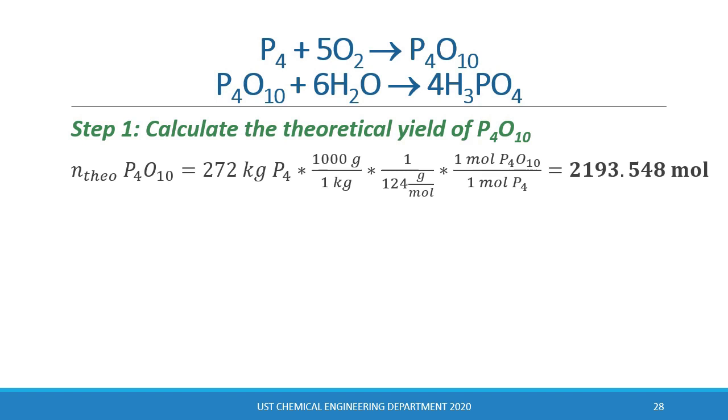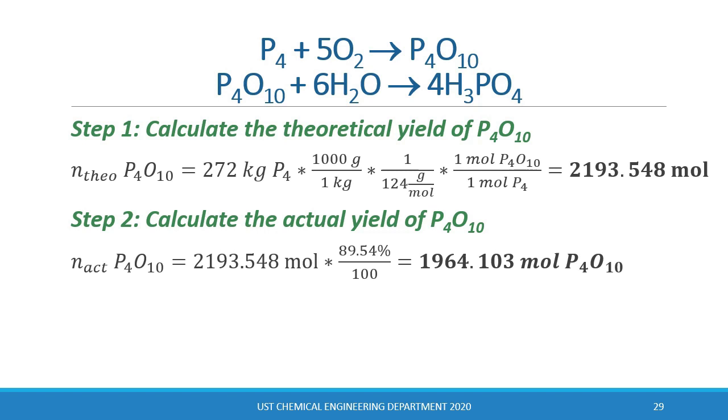Since it was mentioned that excess oxygen was used, then we use the given amount of phosphorus to get the theoretical yield. To calculate, first convert the given mass to grams and then divide by the molecular weight to get the moles of phosphorus. Then, multiply by the stoichiometric ratio to get 2,193 moles of tetraphosphorus decoxide produced.